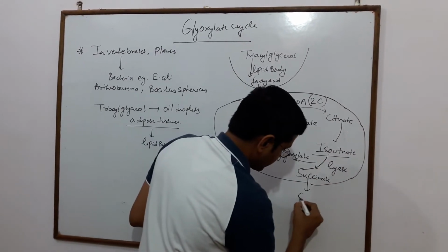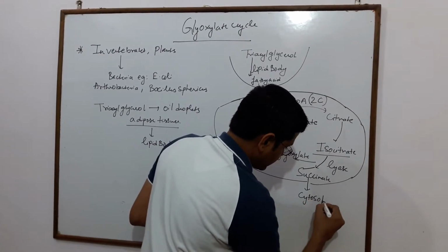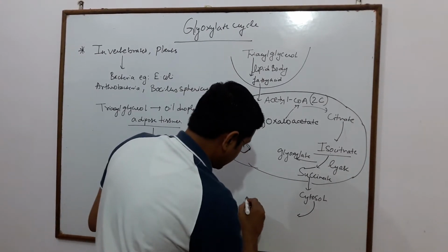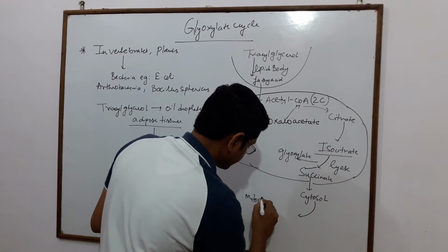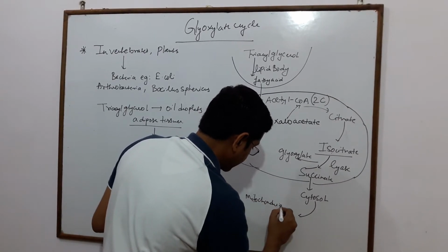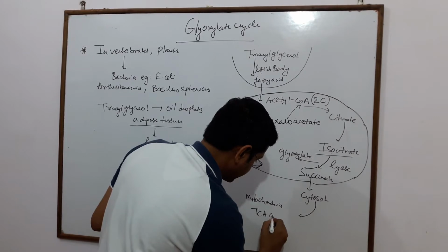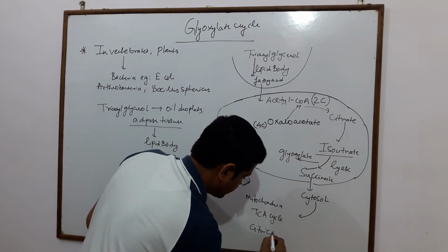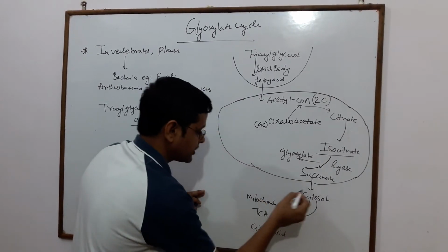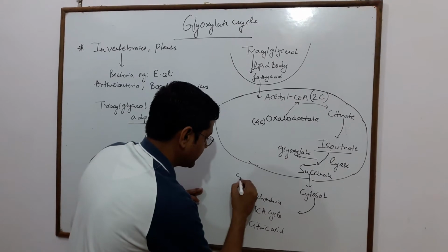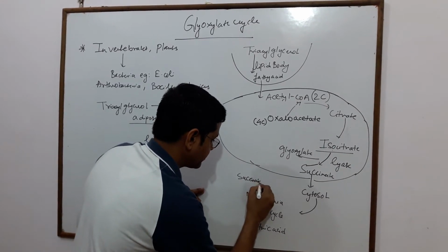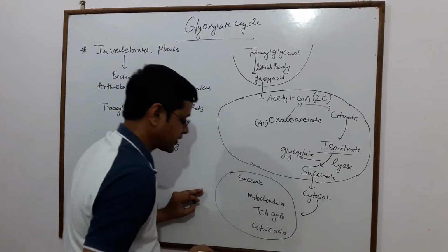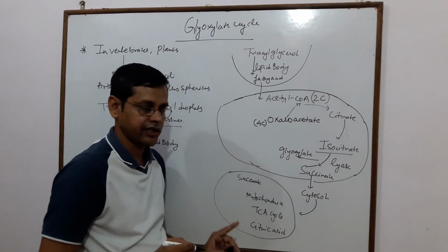The succinate diffuses across this outer boundary and comes into the cytosol, where it again comes into the mitochondria, where the TCA cycle occurs, or you can say the citric acid cycle. Suppose this succinate comes into the mitochondria. This is the mitochondrial compartment where the TCA cycle or citric acid cycle occurs.